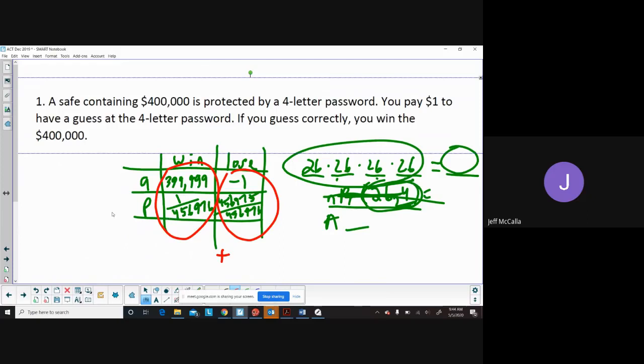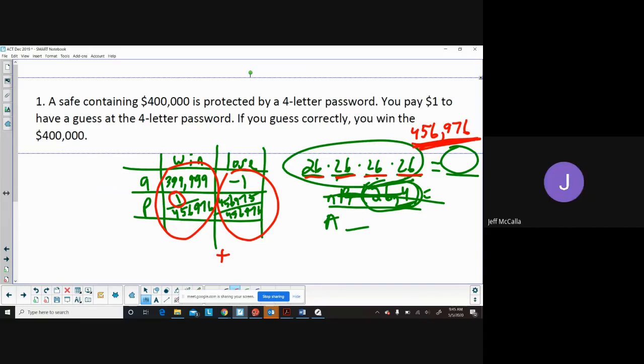So you have to find out how many possible passwords there are. I did 26 times 26 times 26 times 26, which is this huge number on the calculator, 456,976. So that's how many possible combinations there are. How many winning combinations are there? 1. There's only one, so that's why I put 1 in the numerator and that big number in the denominator.